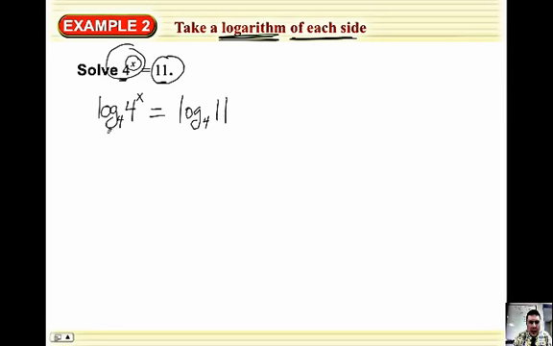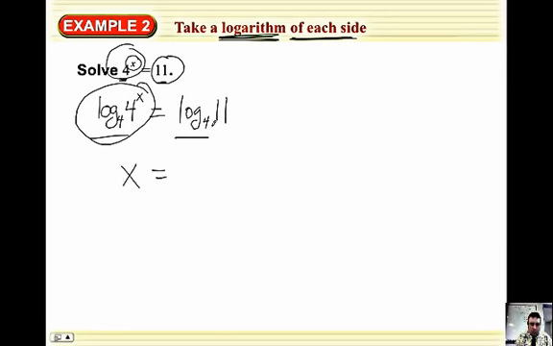Notice what I did. I put a log on both sides. Now look at this. This is going to simplify. Log base 4 of 4 is really 1. 1 times x is just x.